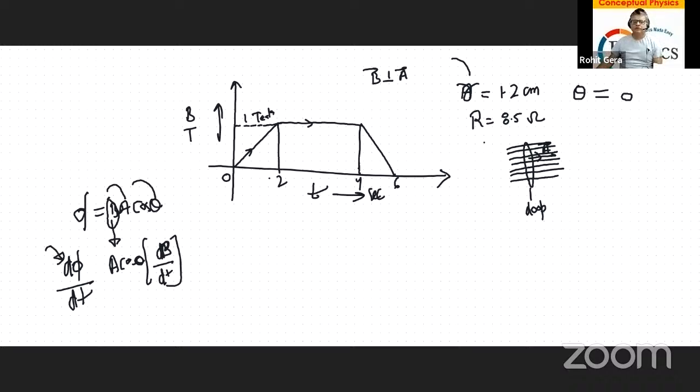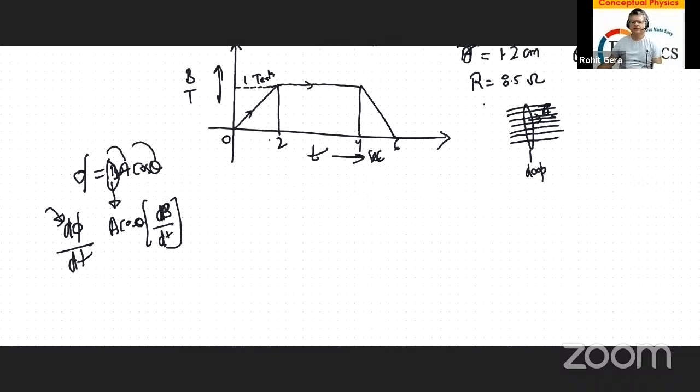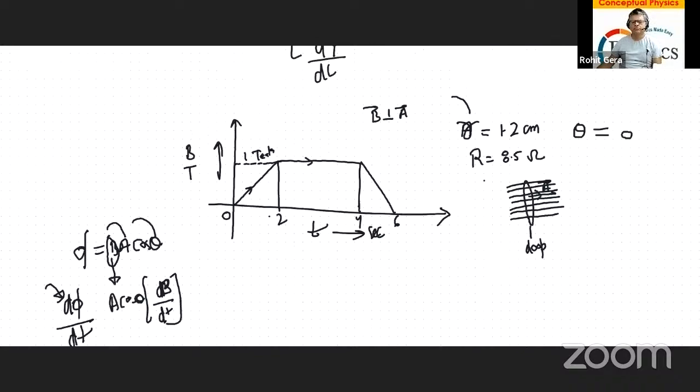Try it out. सोच के करो. What is the goal? You will find I induced throughout this happening of increasing the magnetic field, then fixing the magnetic field, and again decreasing it.